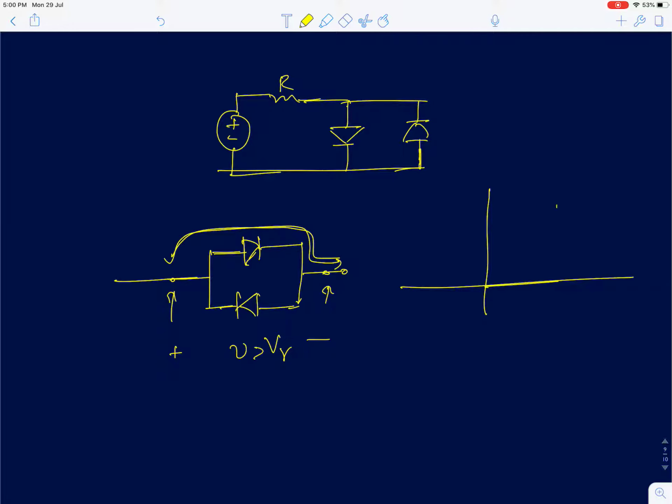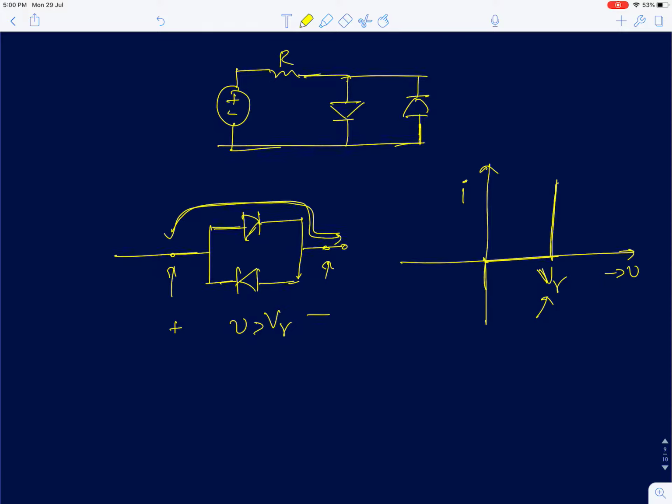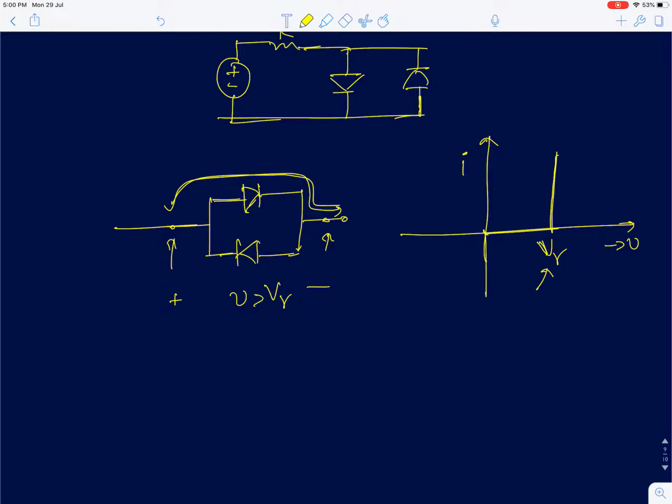So you are actually going to get a graph. If I plot the IV characteristics of this composite device, I'm going to get something like this. When the voltage across the diode is greater than V gamma, you'll have a current flowing through this. And similarly, when the voltage is less than minus V gamma, okay, for any other voltage there will be no conduction, because both the diodes will be off.